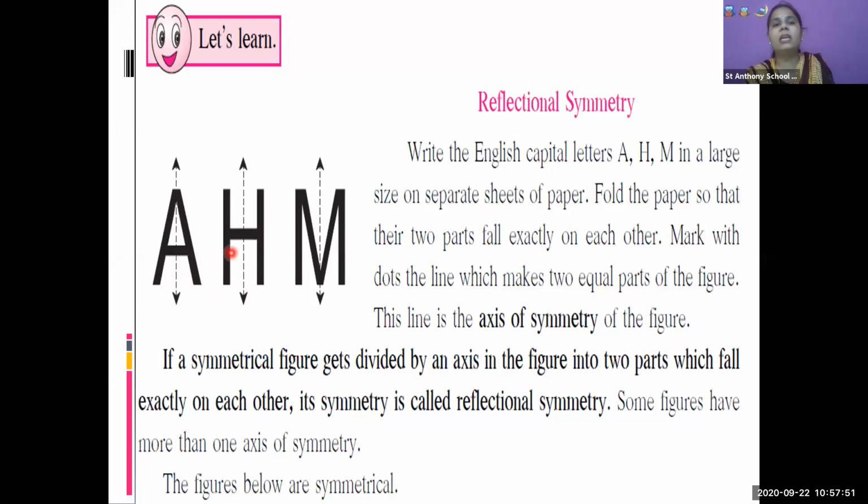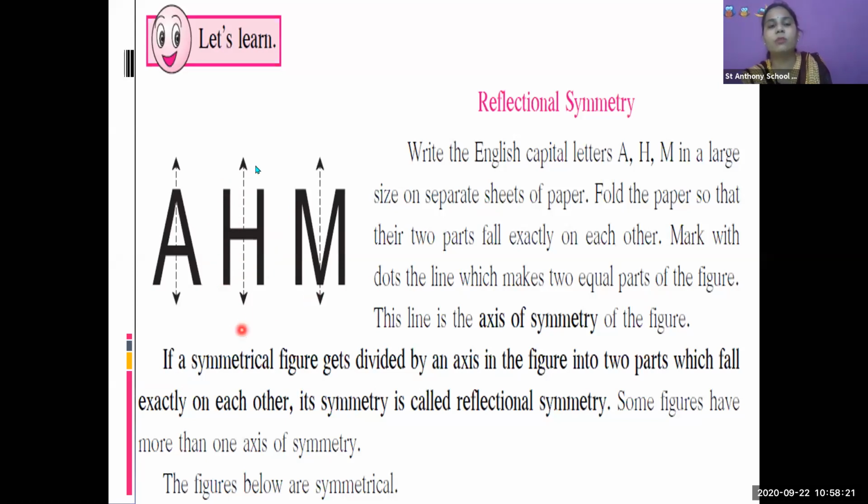Another example we can take is H. When we divide this H into two parts, this part exactly falls on this part, right? So this is known as the axis of symmetry, and when it falls exactly on each other, that is known as reflectional symmetry. So what is the definition? What is meant by a symmetrical figure?